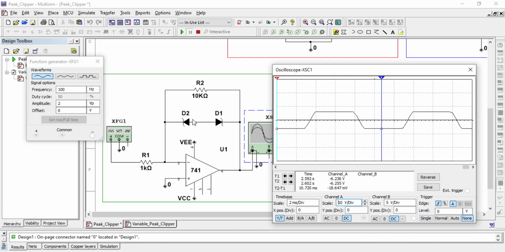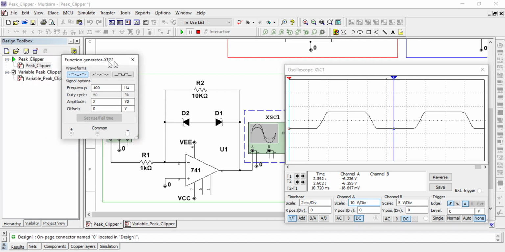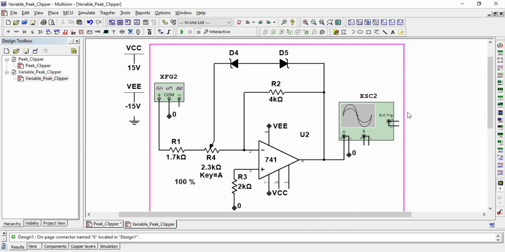But using this circuit, we cannot clip the voltage to an upper and lower limit, and neither can we vary the voltage range. For that, we have to use the circuit which was shown in the presentation, and this is that circuit.